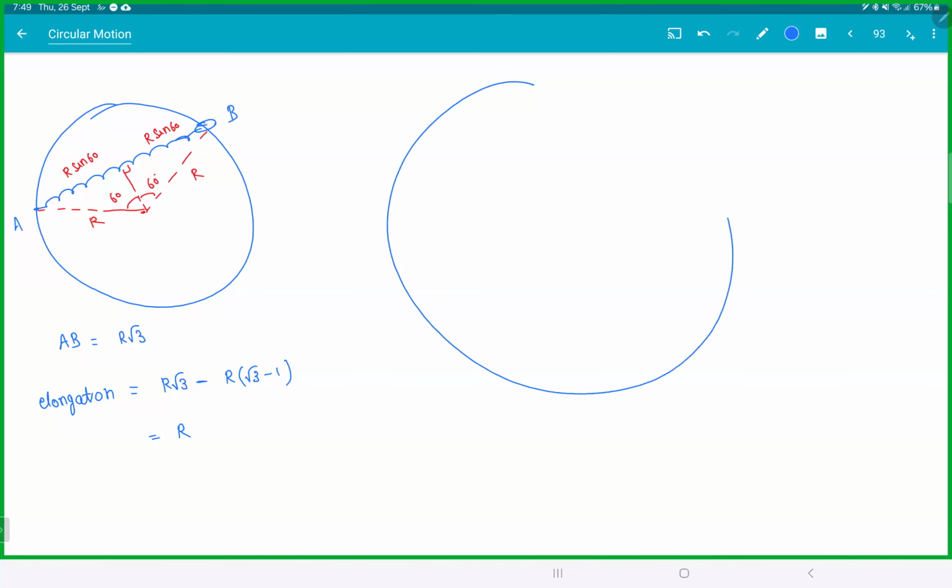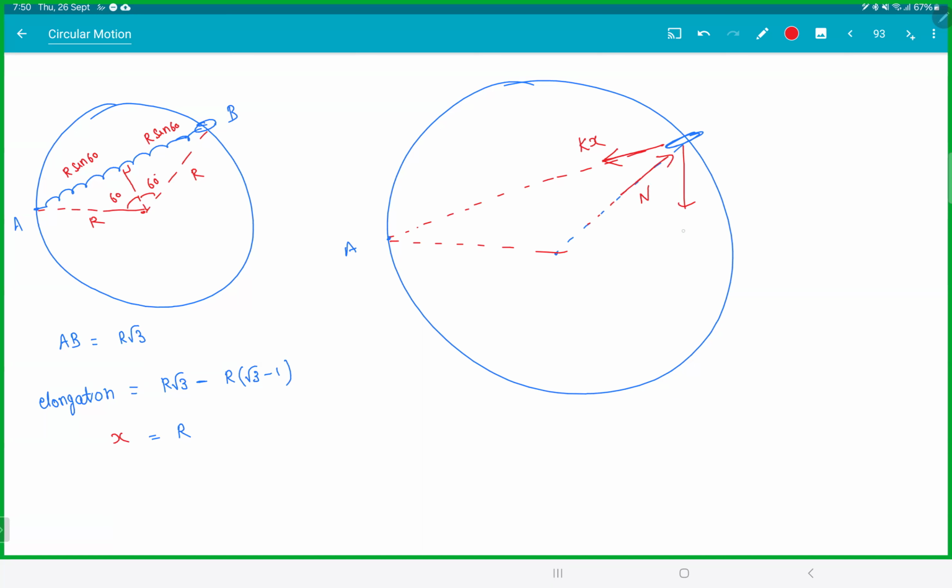Then at this point, this is your bead here. This is point A here. Remember, the spring force will be towards the spring. So this will be your spring force Kx. X is equal to R. So I'll leave it as Kx for some time. This would be your normal reaction.